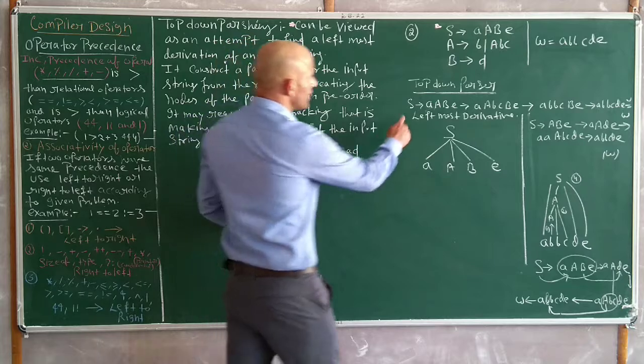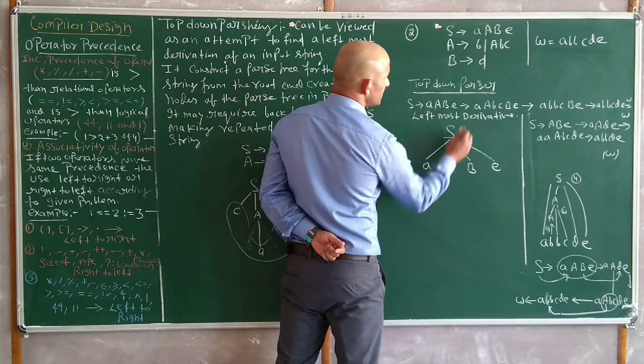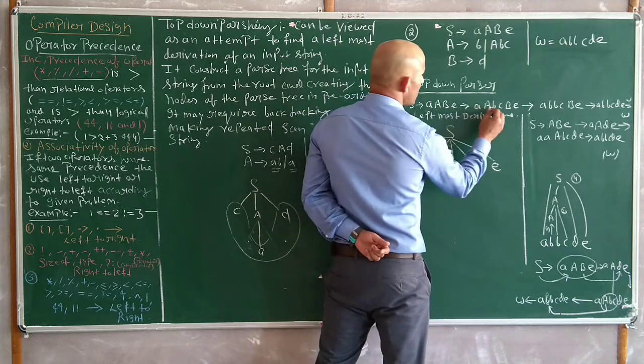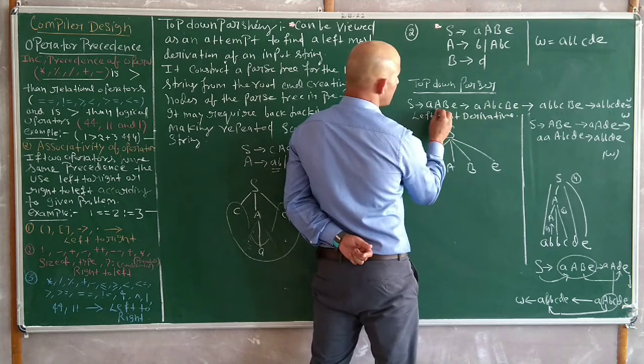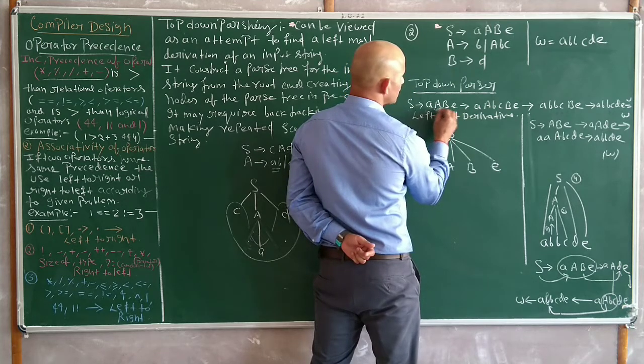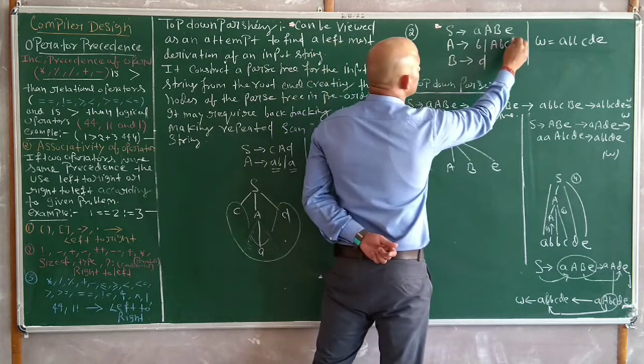Here we have also written S producing ABE, and after then we have written ABCBE. It means that in place of A we have written ABC. Okay, so we have written this one.